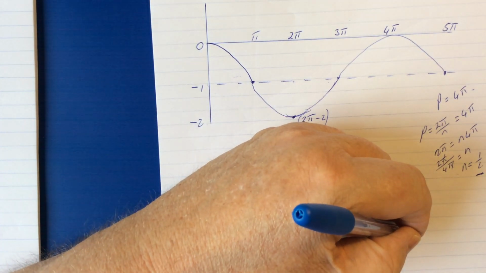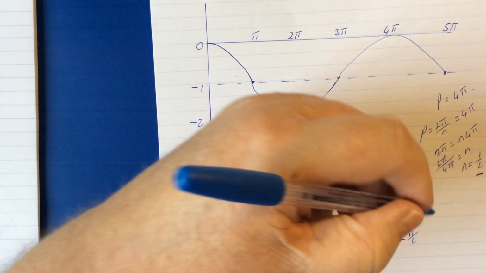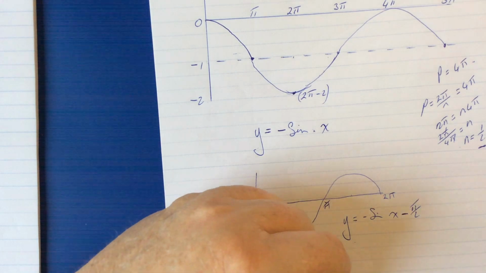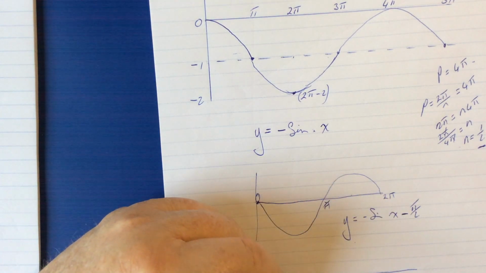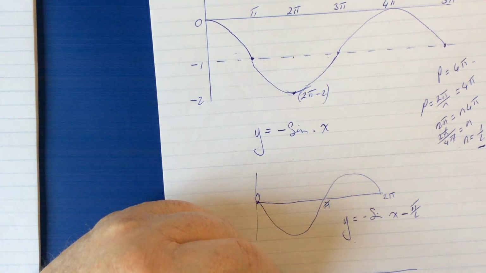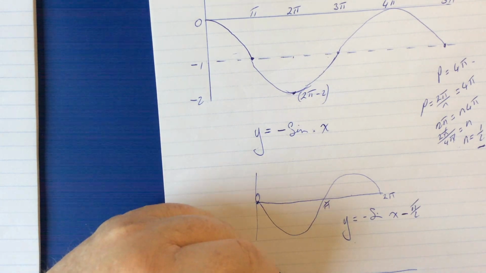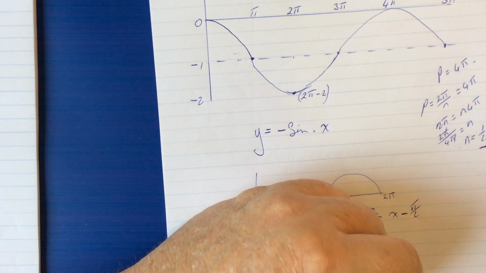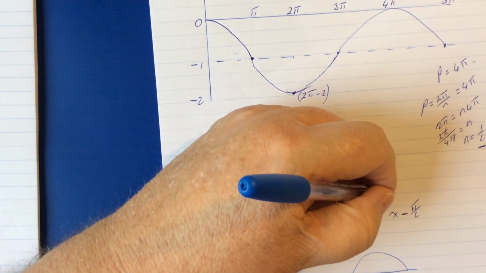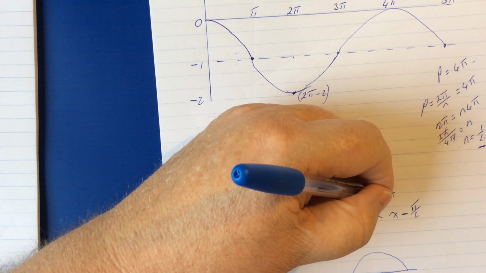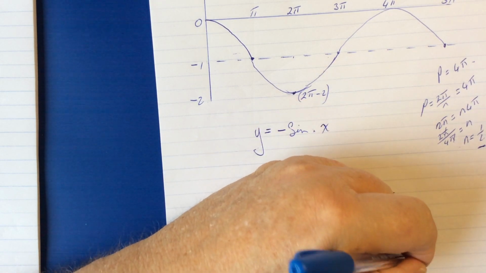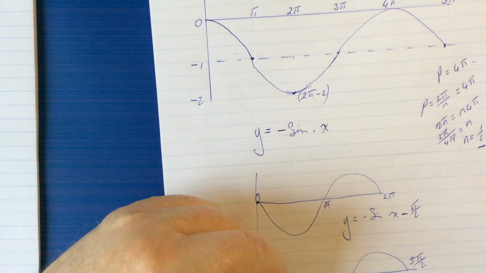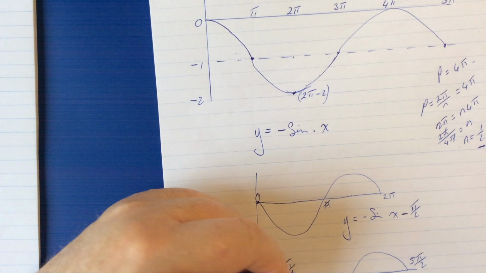So I'm going to move this pi on 2. And what I get is this. That's 4 pi on 2, that's 5 pi on 2. And this is pi on 2.